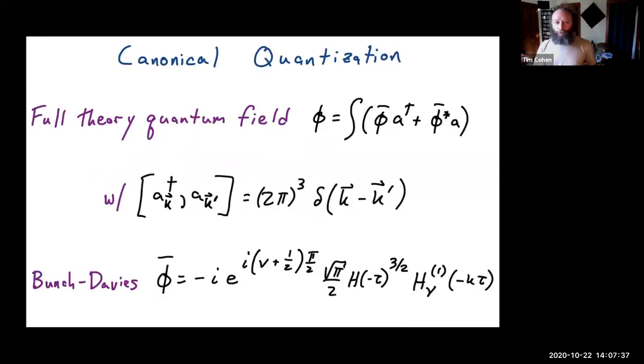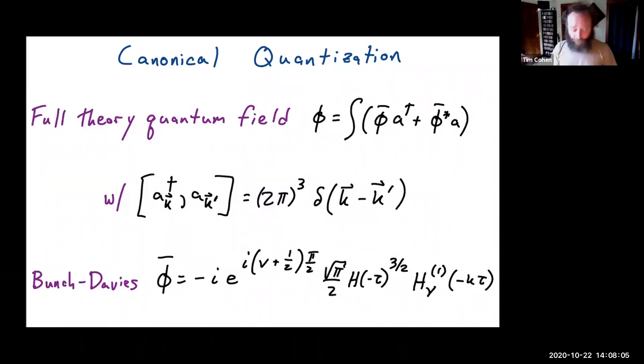I quite like this. I wouldn't argue at all that it's a new calculation, although we synthesize it in a way that I think is really clear and beautiful. But this is the most detailed example I've seen of explaining the cartoon that the quantum fluctuations of the inflaton become the classical initial conditions that seed structure. Let me quickly race through how this works. You quantize your field in the full theory using standard canonical quantization.